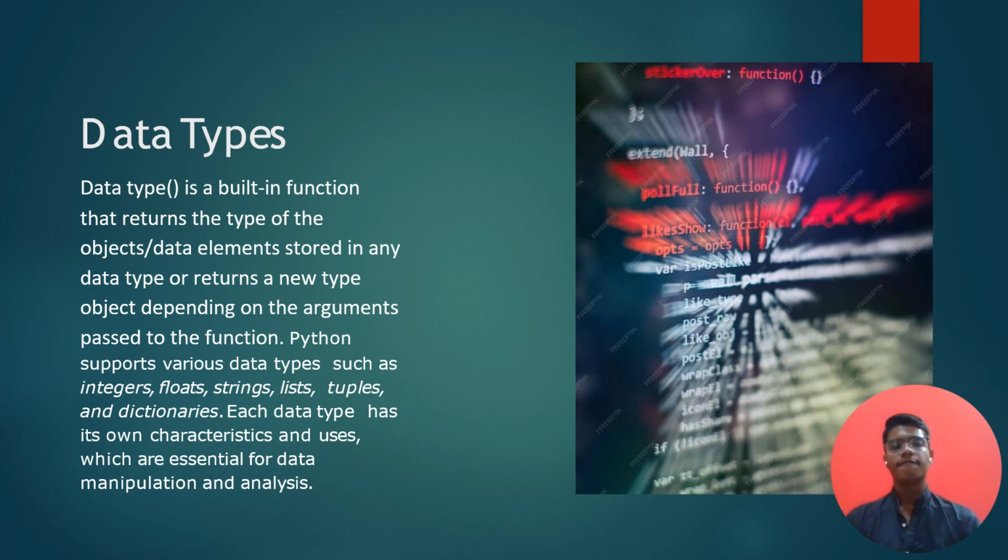Python supports various data types such as integers, floats, strings, lists, tuples, and dictionaries. Each data type has its own characteristics and uses, which are essential for data manipulation and analysis.